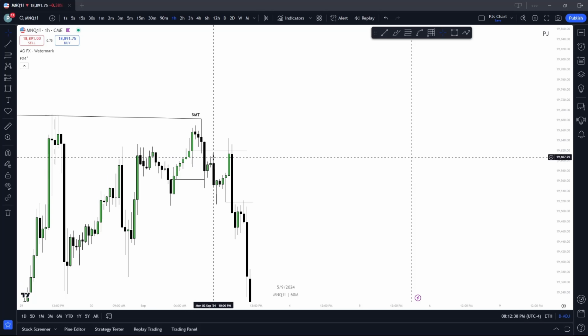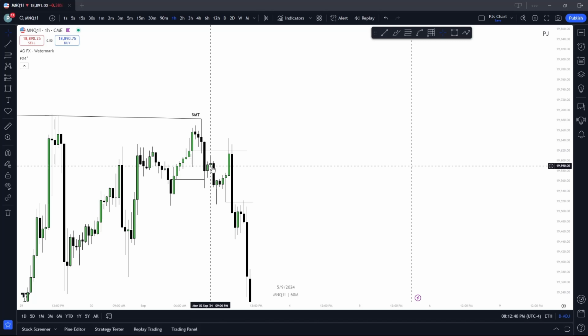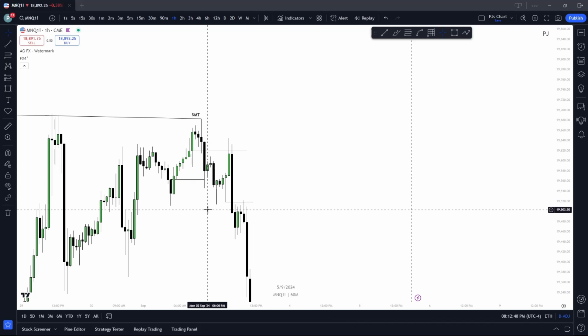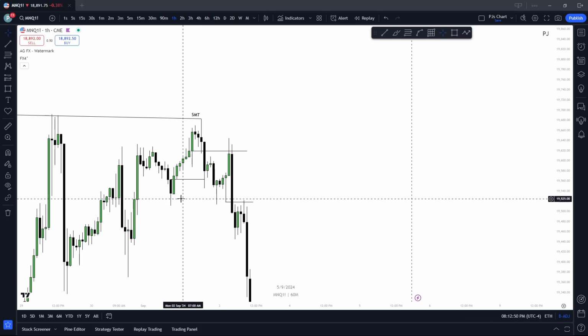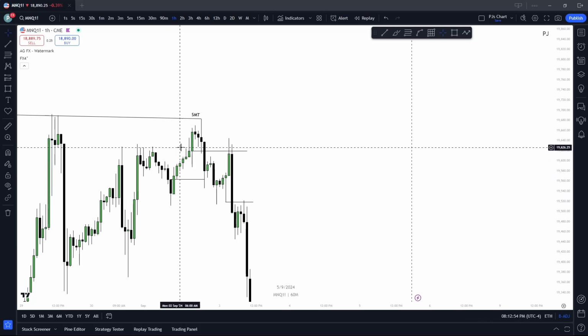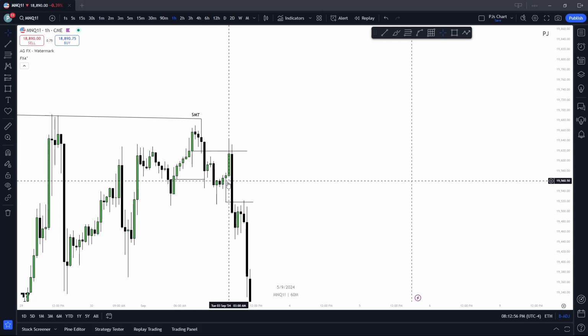We accumulate, deliver the buy side into sell side for a lower time frame trade here. We then create equal lows, induce liquidity into the market, deliver our internal back into the order block, back to external.